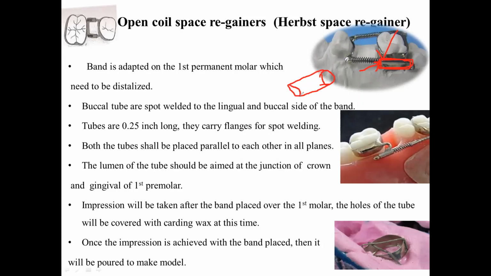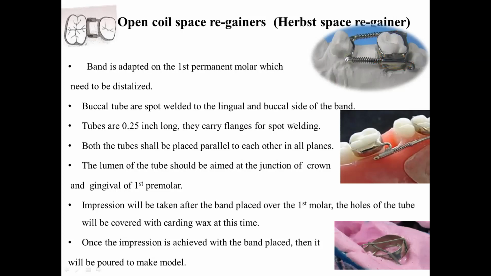The tube is open on both ends, and from the center of the tube, a wire will cross. We'll be talking about which wire this is, and over that wire we will apply a spring in order to allow distalization.